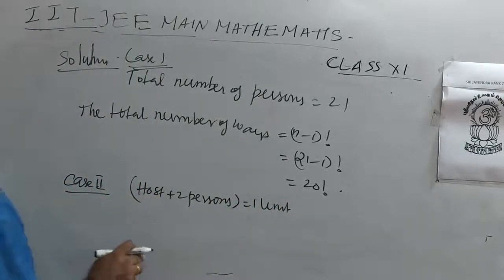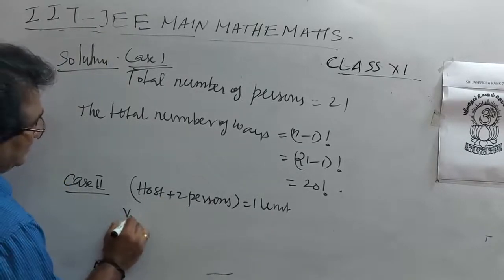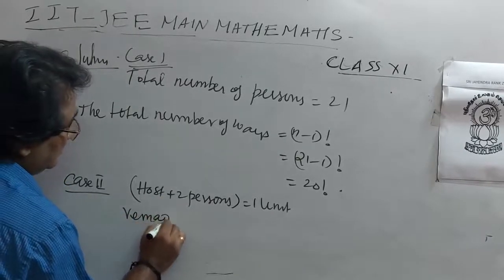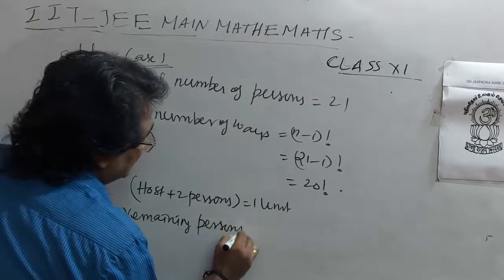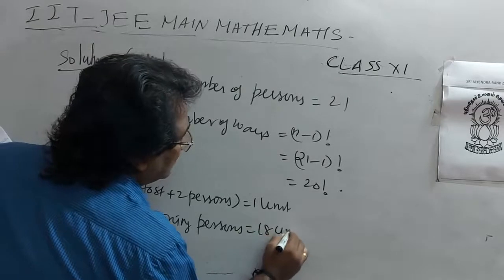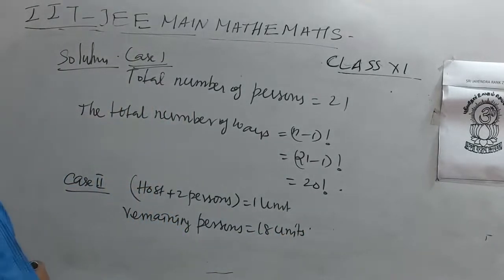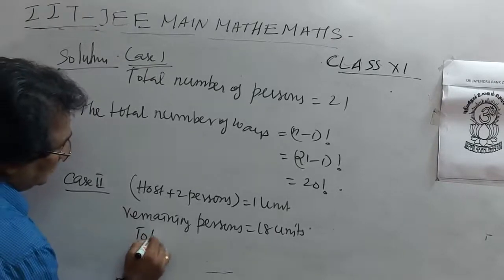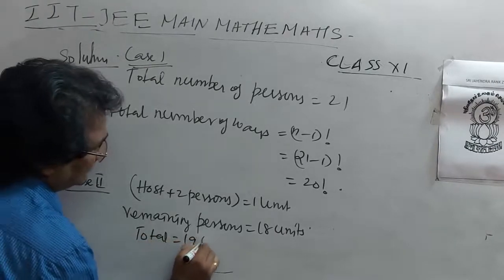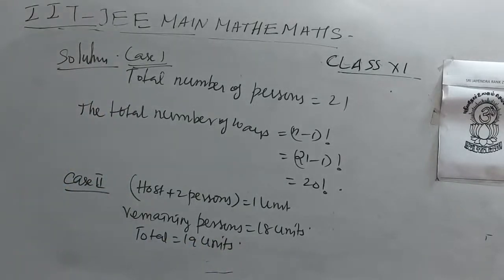Total we have 21, so these 3 persons make 1 unit, and the remaining persons are 18 units. Total 19 units.